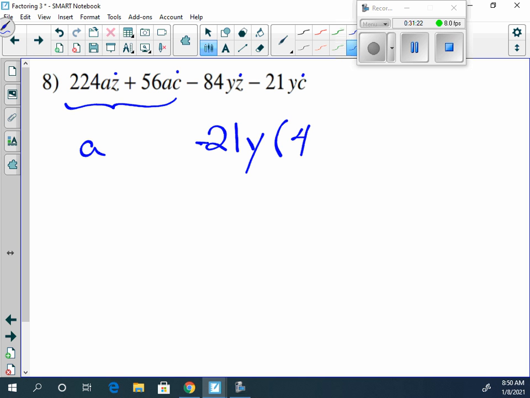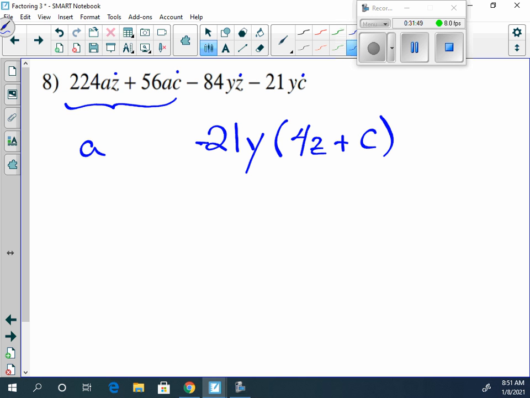The negative and negative factor out. 84 divided by 21 would be 4. And we would have z. We can do the same thing with negative 21yc. Well, if I factor out negative 21, I'm left with plus c. Yes?